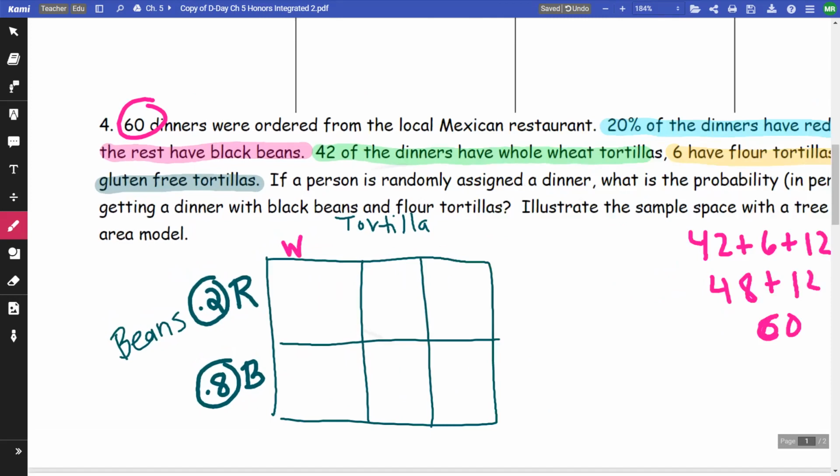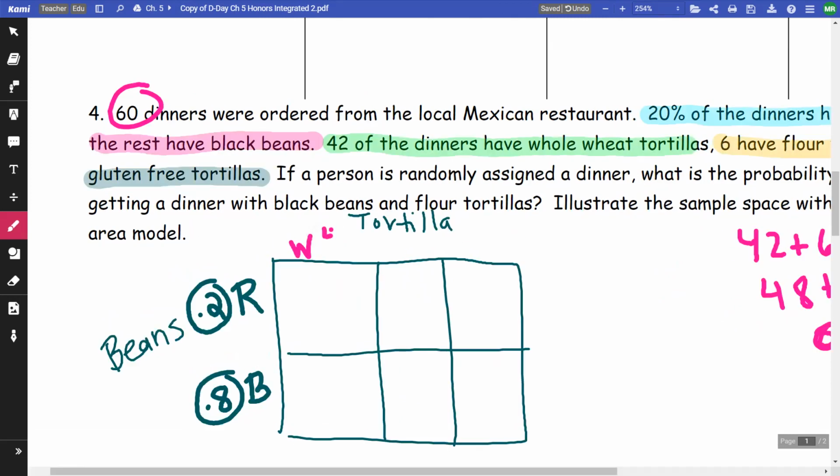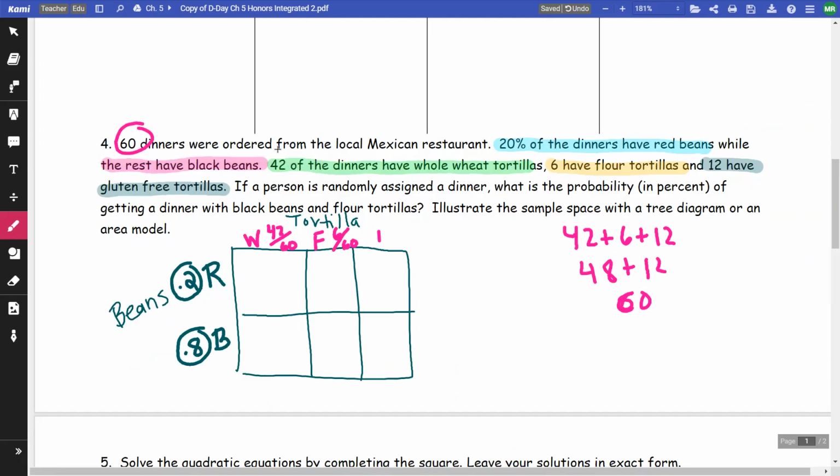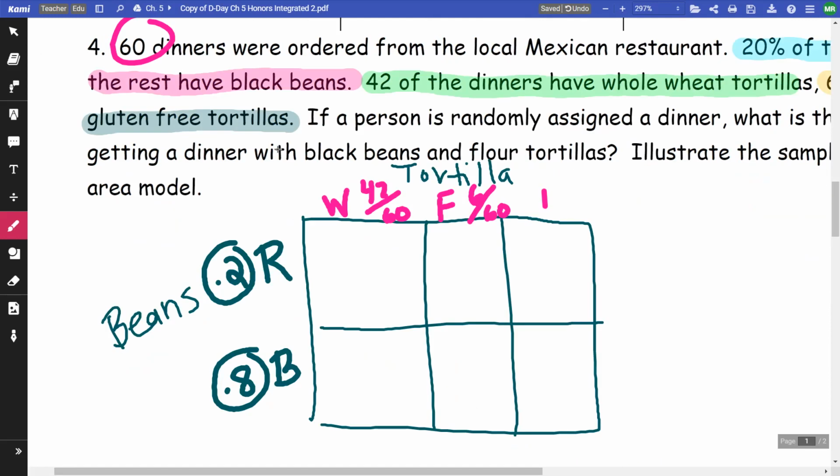So here I'm going to do 42 out of 60. For the flour, I'm going to have 6 out of 60. And I'll put G for gluten-free. That is going to be 12 out of 60.